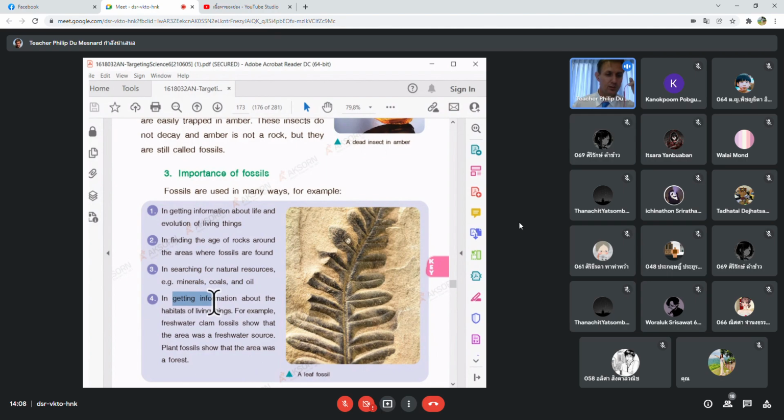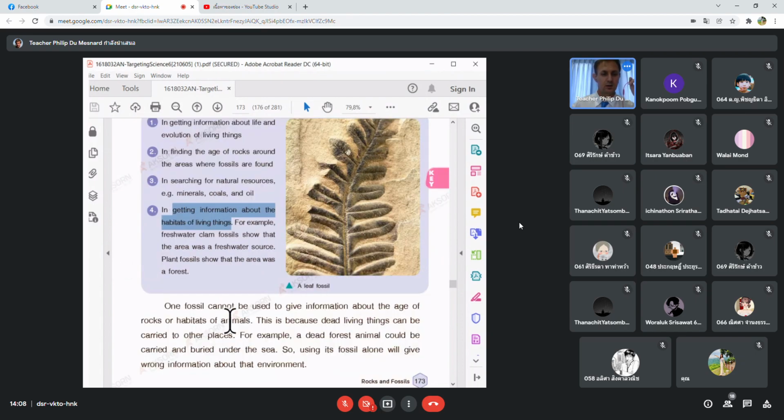You can find information about habitats, about where the animals lived. Were there forests? What was the sea like? And find out about things from the past, and learn something about evolution. So that's why we study the fossils.